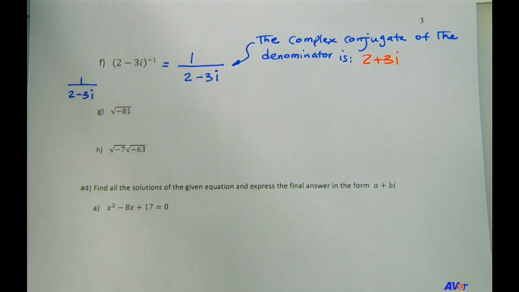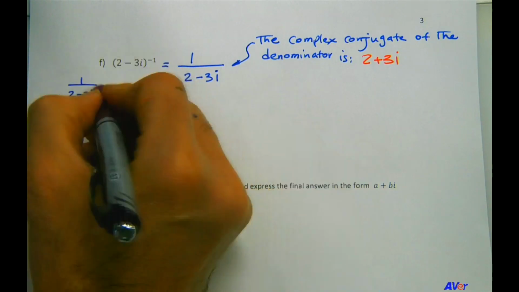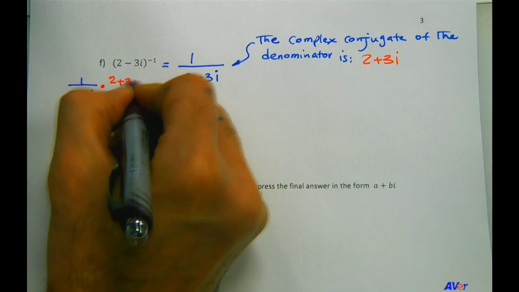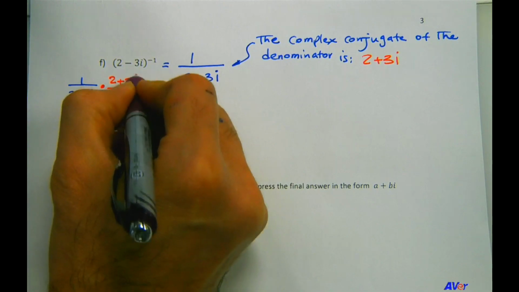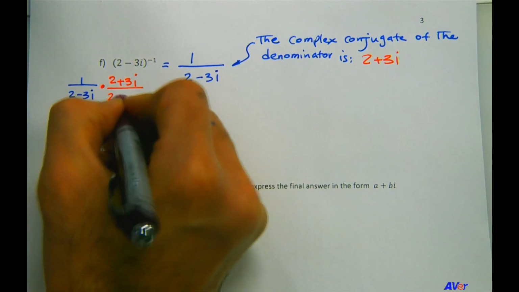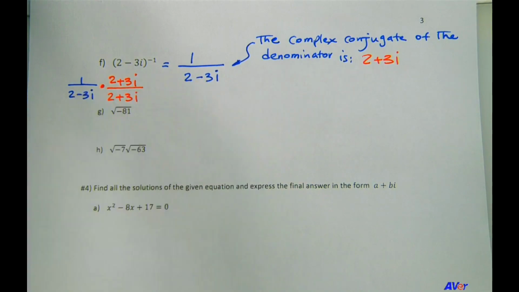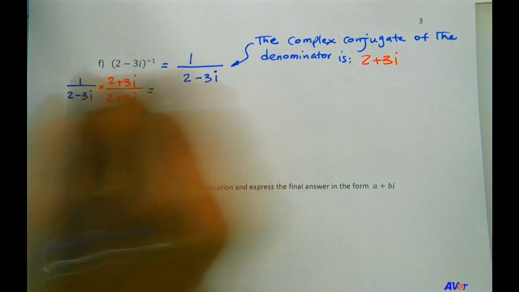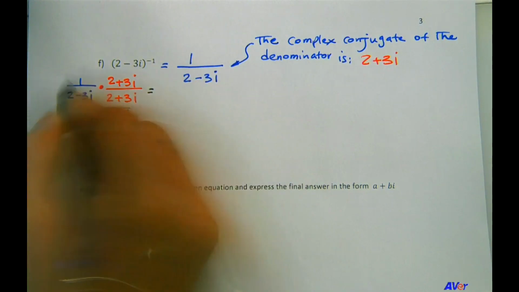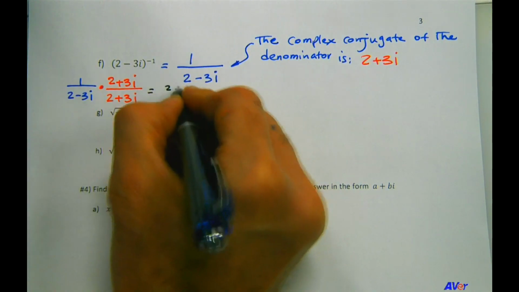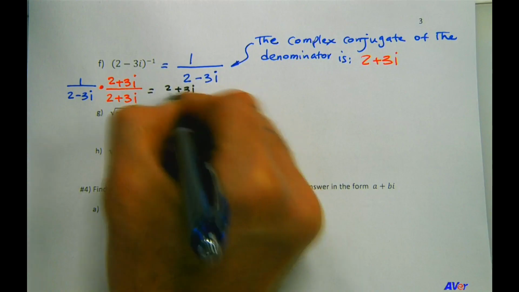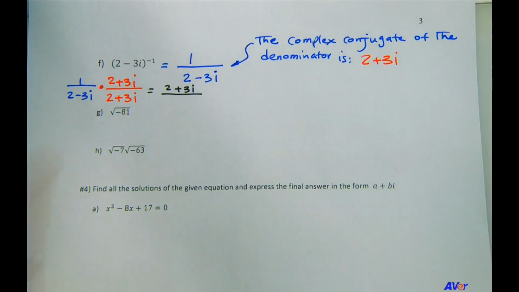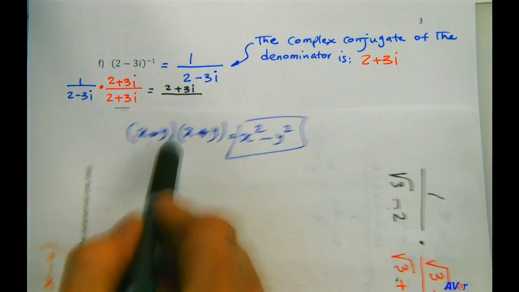Looks like I have very little space to work with here. I don't know if I can fit all the solution here. So I hope I can. So 2 plus 3i over 2 plus 3i, right, equals 2 plus 3i times 1 is itself, right? 2 plus 3i divided by, now once again, in the denominator, we will apply this rule.